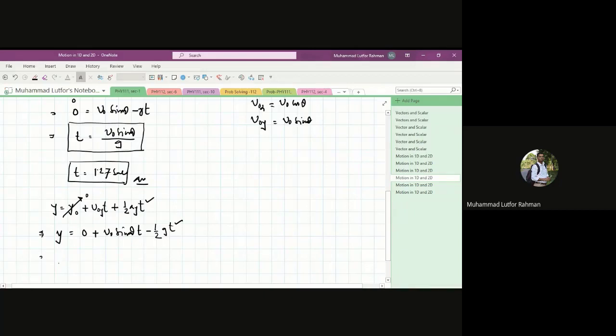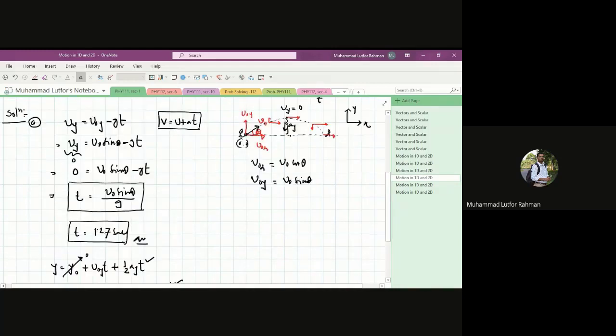If you put it in, you will find this v naught is actually 25 sine 30 degree. The angle is 30 degree, that is given.